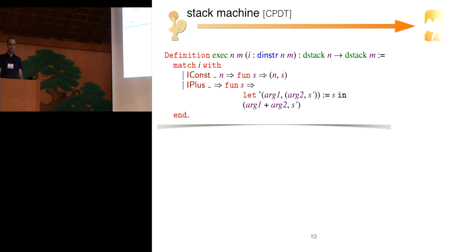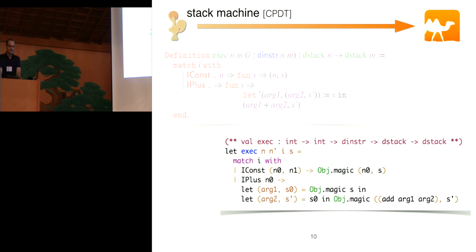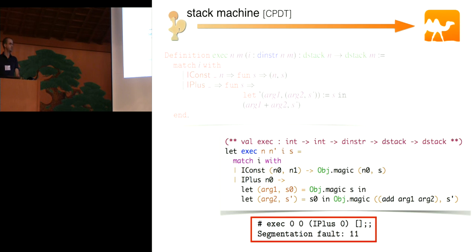However, when you extract this function to OCaml, you will see in the output code that there are some magical conversions there. Those are like injection into magic. And the dangerous one is the projection from magic, which assumes that you have elements on the stack. And if you actually run this function from the command line, you can get into a segmentation fault.